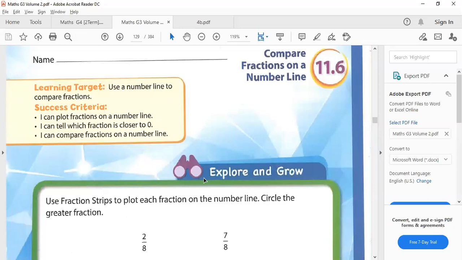So here we first of all draw the number line like this, start with 0 and end with 1. The fractions are smaller than 1. So divide the distance between 0 and 1 into how many parts? Let me remind you.